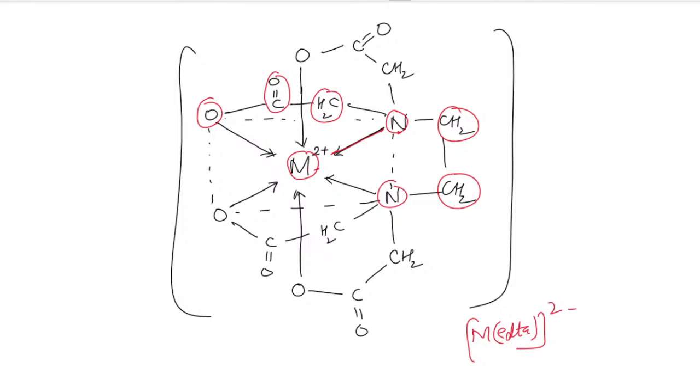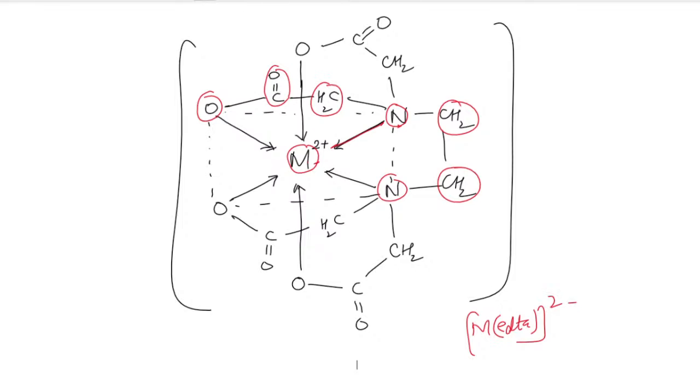So there are hexadentate chelation, bidentate chelation, tridentate chelations, tetradentate chelations. There are different types of chelations. Okay. And what is denticity? Yes, what is denticity?